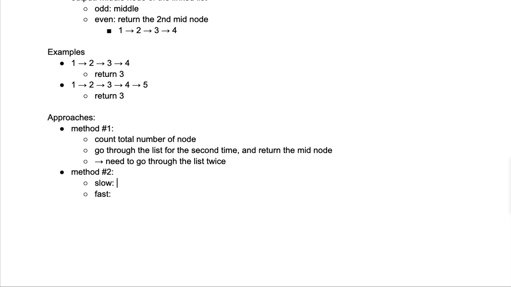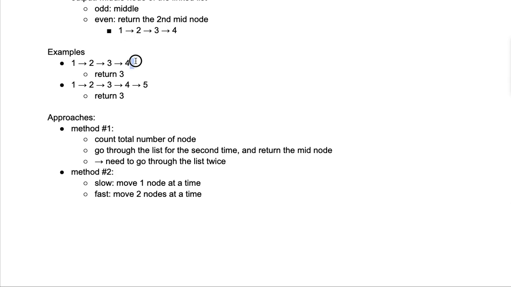For the slow pointer, we move 1 node at a time, and for the fast pointer, we move 2 nodes at a time. When the fast pointer reaches the end of the linked list, the slow pointer points to the middle of the linked list.